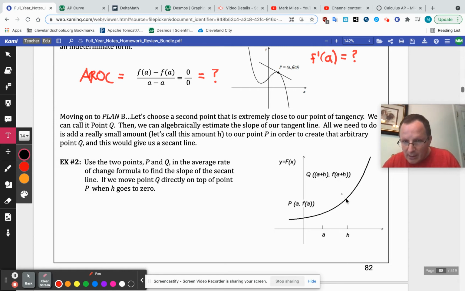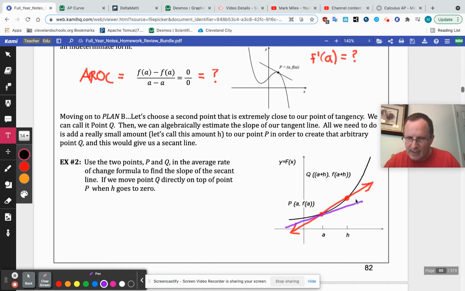So in this case, we're wanting to know about this line, but we're going to use this line to approximate it. This is not a tangent. In this case, it's a little steeper than the line we're really interested in. The line we're actually interested in is this one right here.